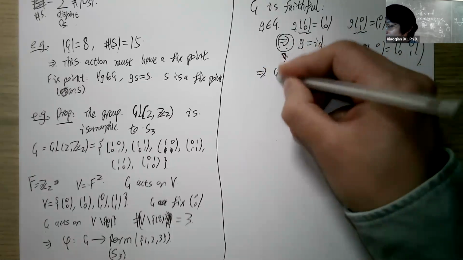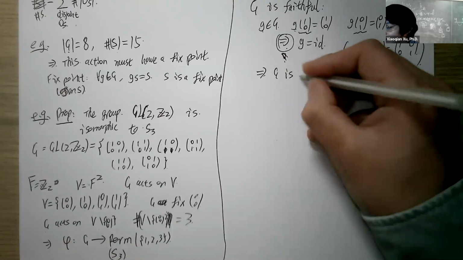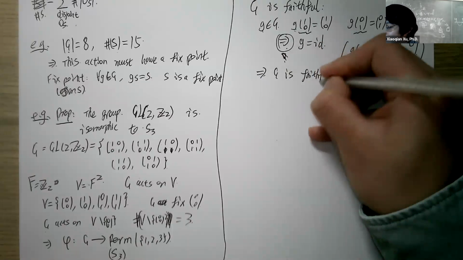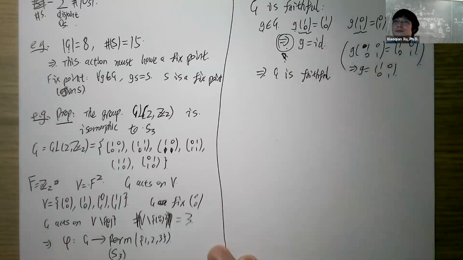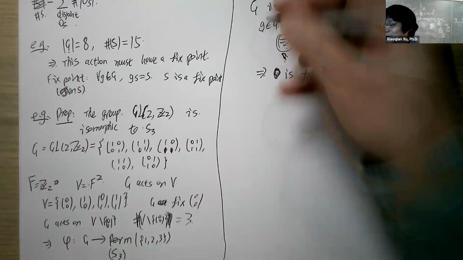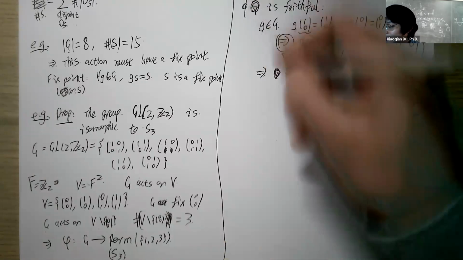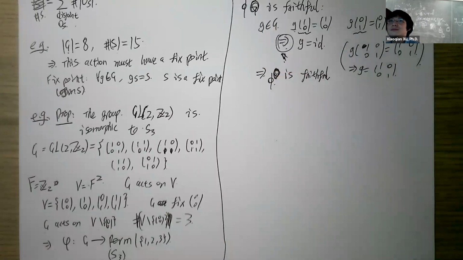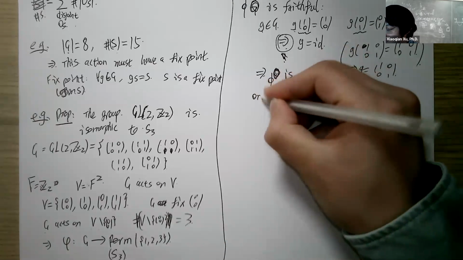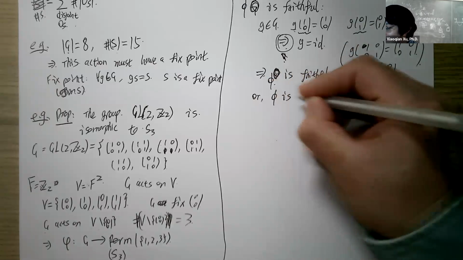So we have G, this capital G is faithful. Or I shouldn't say capital G is faithful. I should say this phi, this homomorphism or this representation is faithful, or phi is an injection.